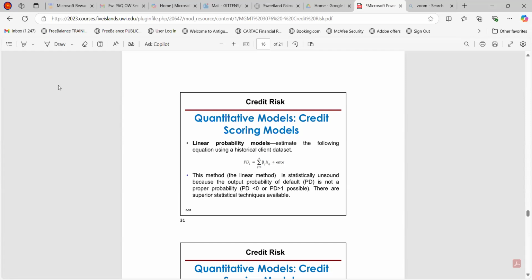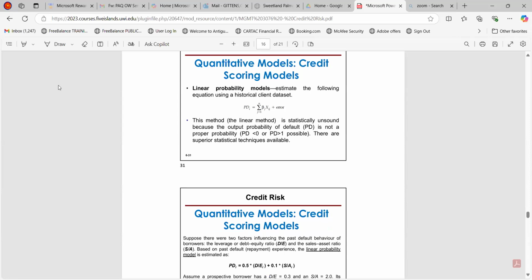It's statistically sound. The output from the model is going to give you some critical information, but the linear probability model has a weakness, because it doesn't give you what you consider to be a proper probability. With the linear probability model, it's the probability of default with certain factors included.